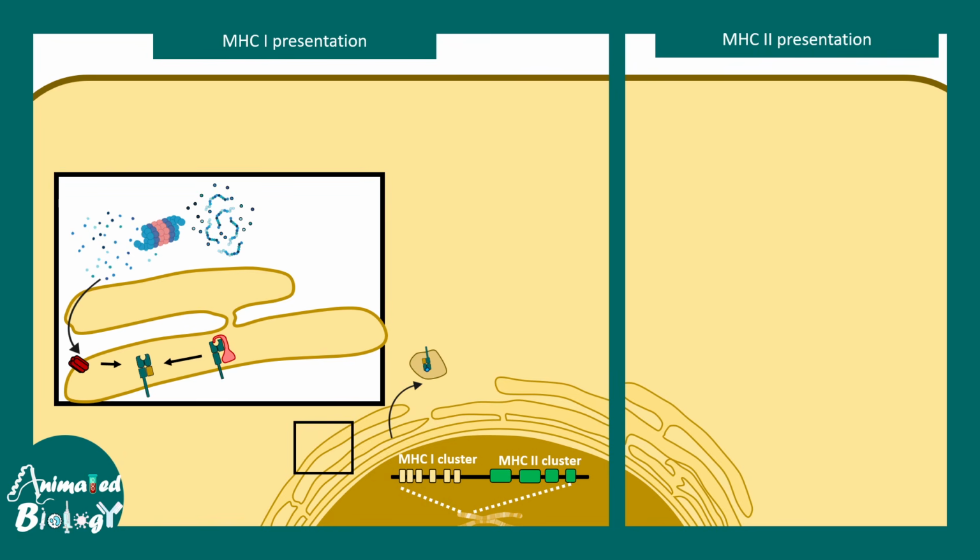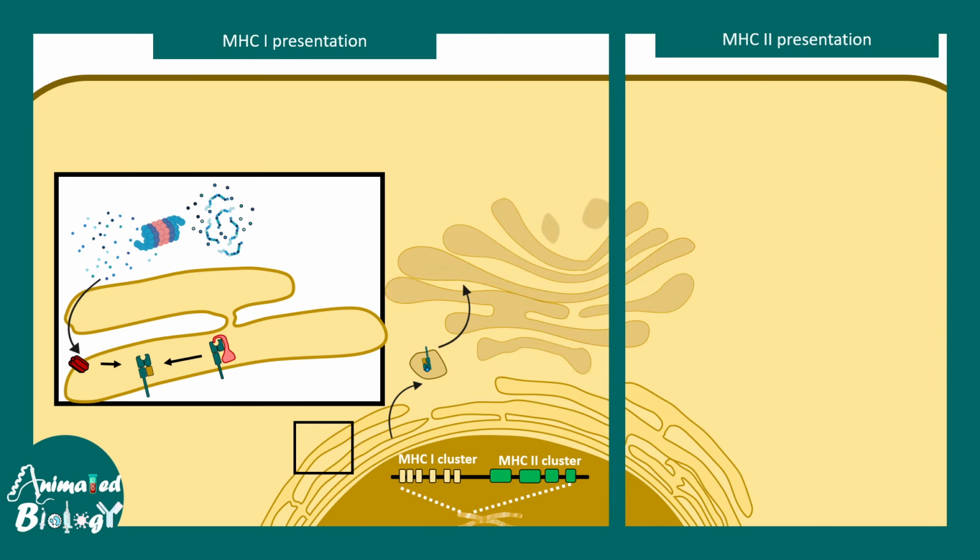From the endoplasmic reticulum, using specific anterograde transport machinery, they move towards the Golgi apparatus. In the Golgi apparatus, they get some modifications, and from the Golgi it takes another route of vesicle trafficking, and ultimately it is displayed on the cell surface.